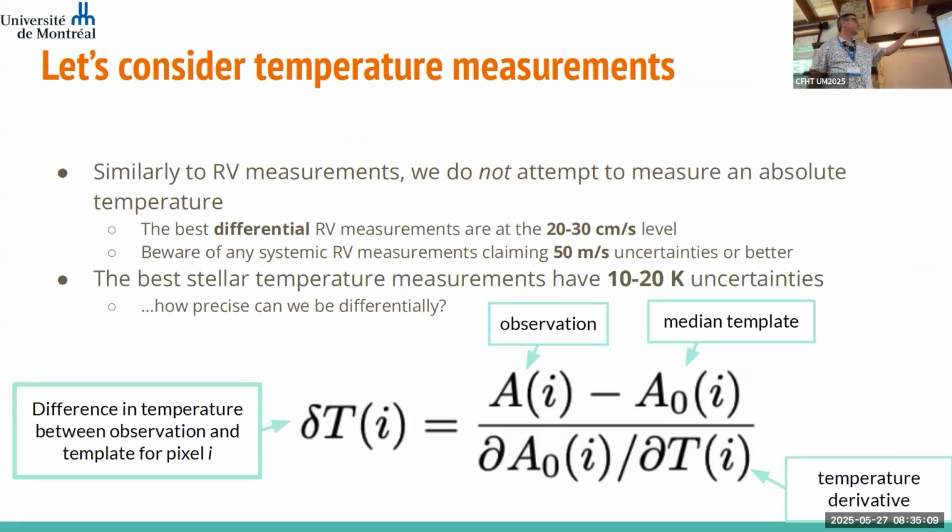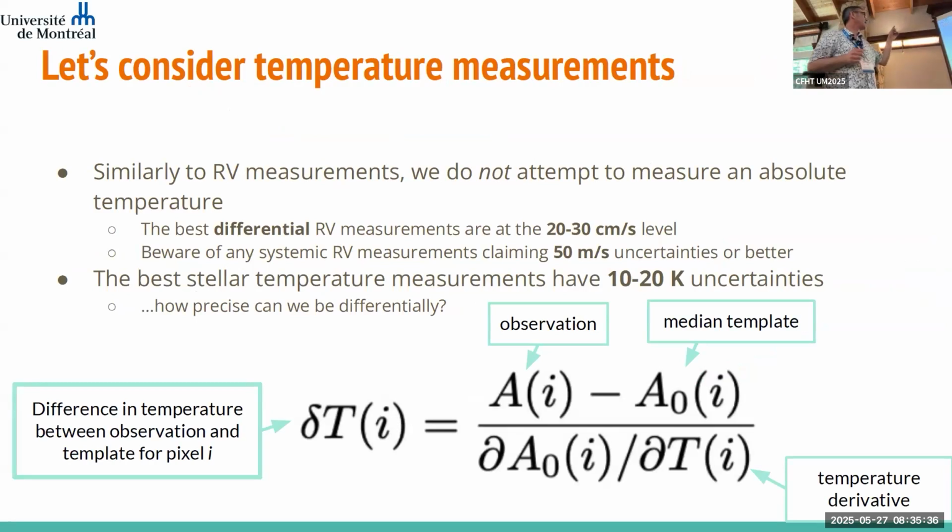You say my observation minus my median template of my favorite star, and you put a temperature derivative at the bottom, and you find a variation of temperature for every single pixel or every single line, depending on how you build the spectrum. So you get thousands of temperature values, and you can do stats and get a mean change of the temperature.